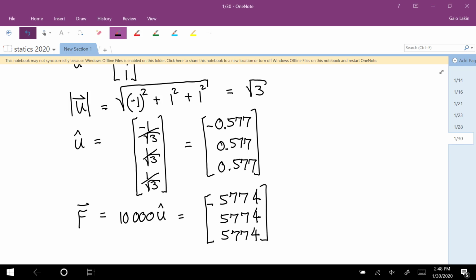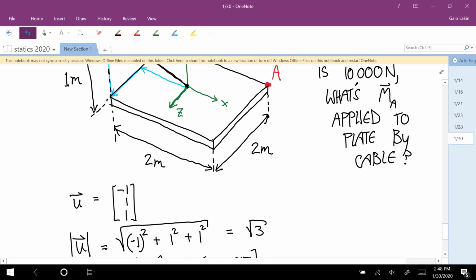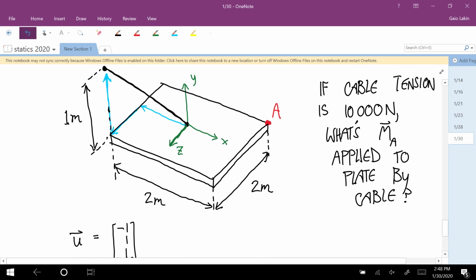And now the next thing we need is a row vector. The row vector goes from the about point to where the force is applied. This is the about point. So we need a vector that goes from here to the place where that cable applies the force to the plate. We can think of that as going 1 meter to negative x, 1 meter to positive z, and then we're there.